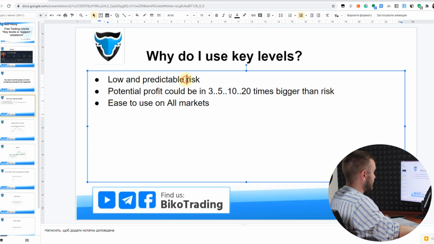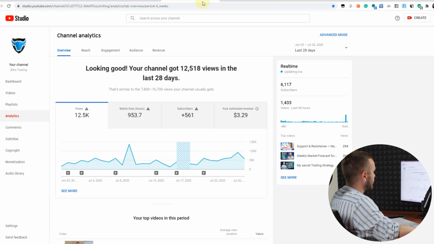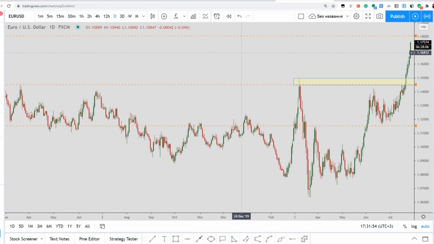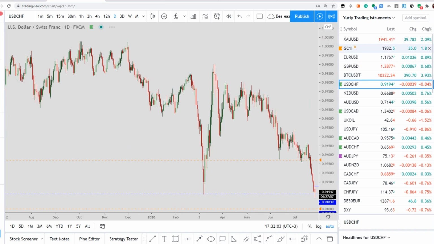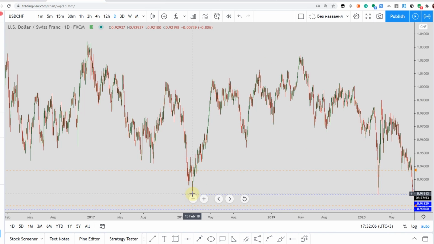If you have low predictable risk, it will be easy for you to trade. Another example of the low predictable risk statement. If you take a look here at USD Swiss franc, just see how accurately price bounced from this key level.